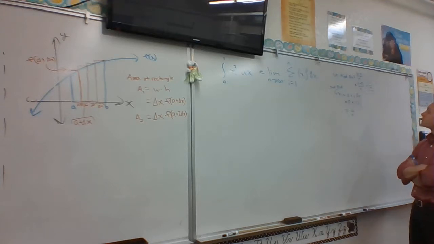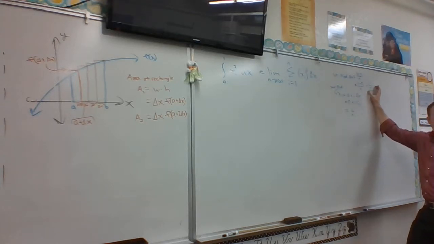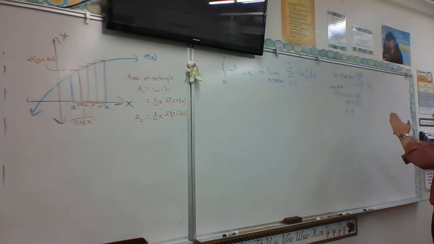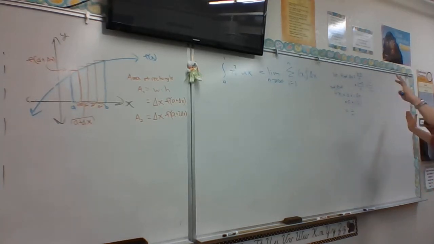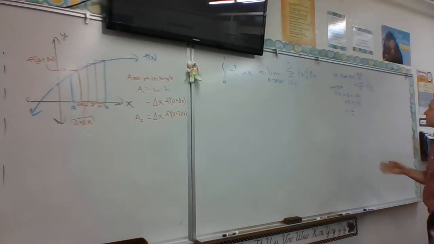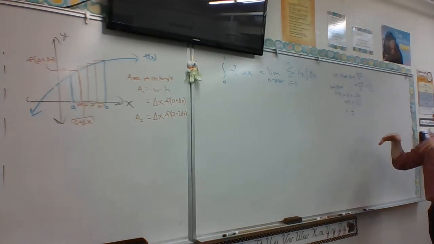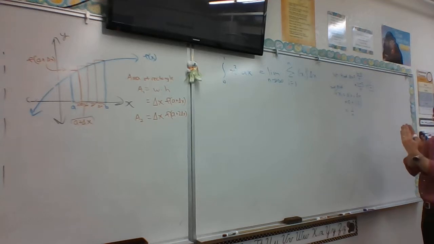Okay. So here's what this is saying. The width of each rectangle is 1 over n, because we took an area that is 1 unit wide and we're cutting it into n rectangles. This is saying the x value that we get to is i over n, where i goes 1, 2, 3, 4. So if the width of each rectangle is 1 over n, what is the right-hand side of your first rectangle? 1 over n, because you went 1 over n to the right.